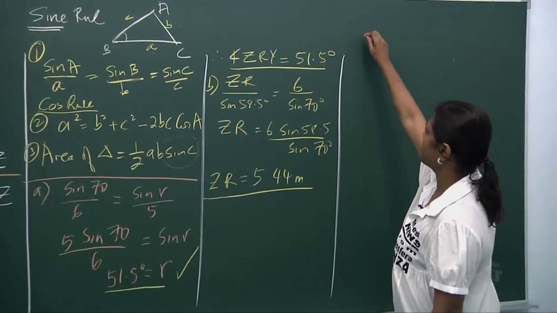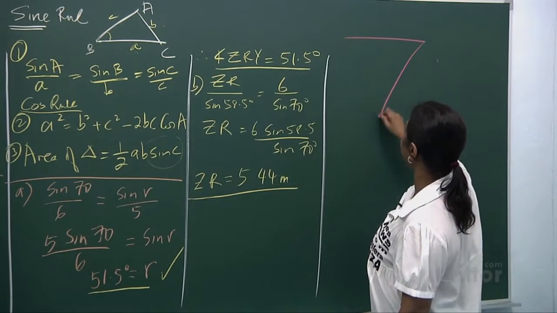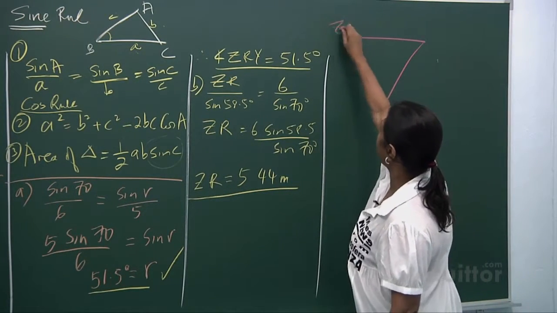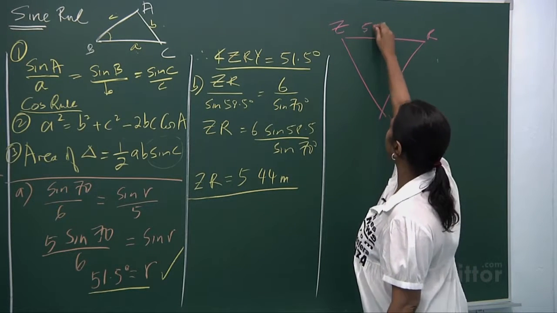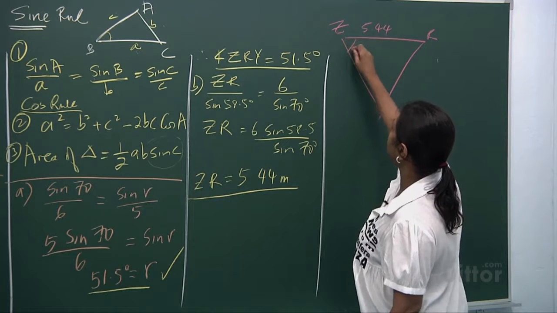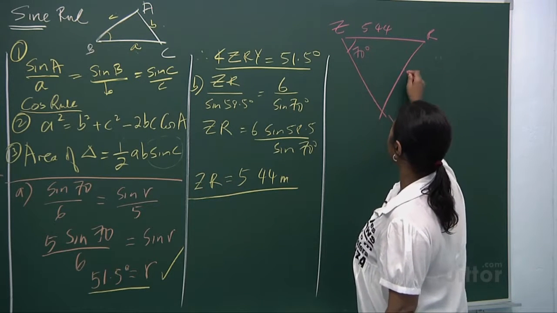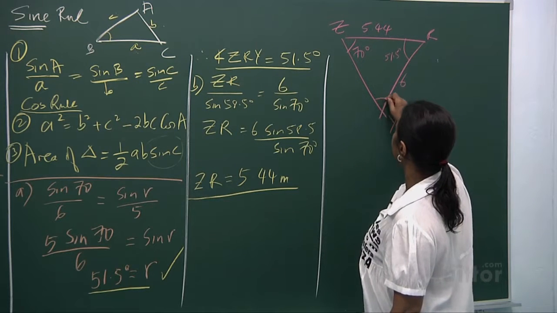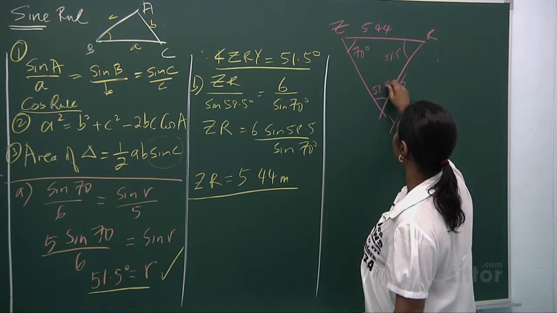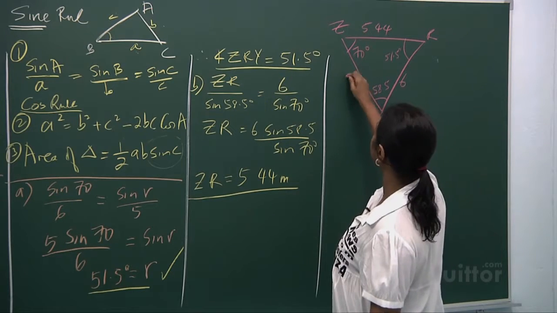Y, Z, R. This length we found out is 5.44. This angle is 70 degrees. This is 6. This is 51.5. This is 58.5, and this is 5.44.